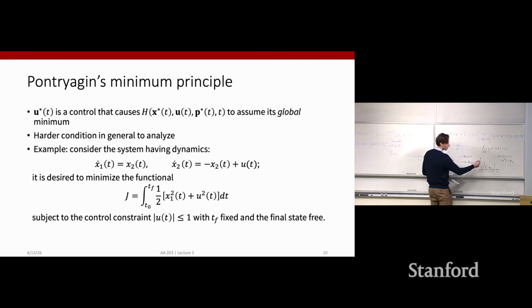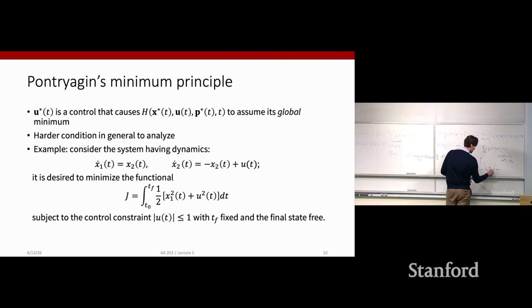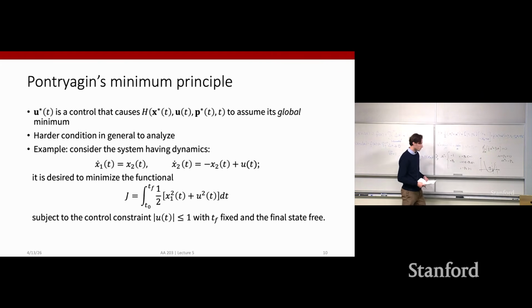Right, so this is the function we want to minimize, which is our Hamiltonian. We can only choose within minus 1 and 1. So in this case, where would the minimum be? Yes? Yeah, exactly. So in this case, the minimum would be minus 1.